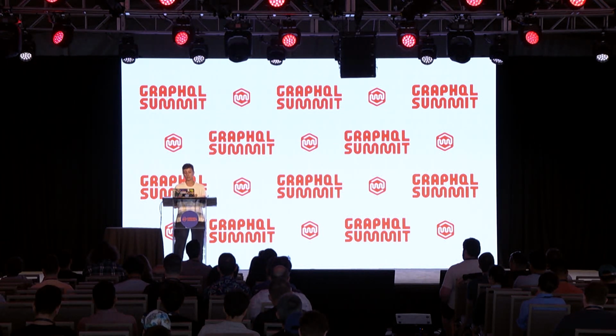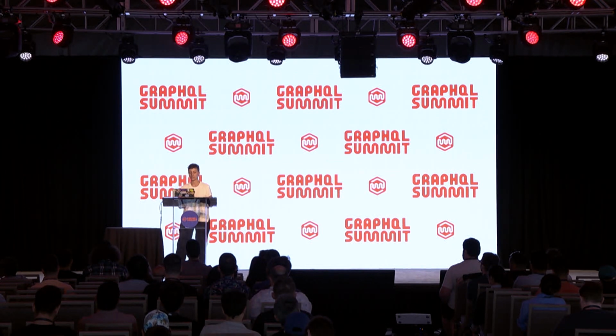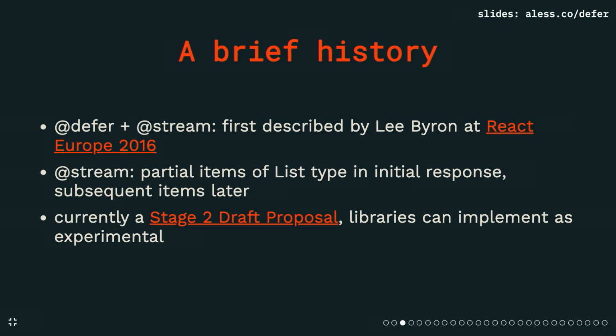So what stream is used for, it can be used on a list type to get that initial chunk of items and then stream in subsequent items at a later time when they're ready, when the server pushes them up to the client. And so this RFC that encompasses both defer and stream is at the stage 2 draft proposal stage of making its way into the GraphQL spec.